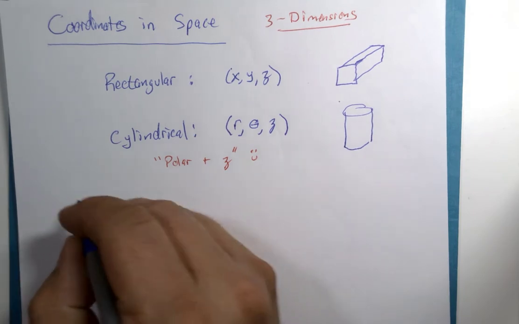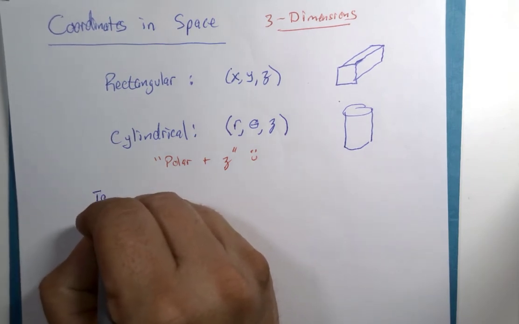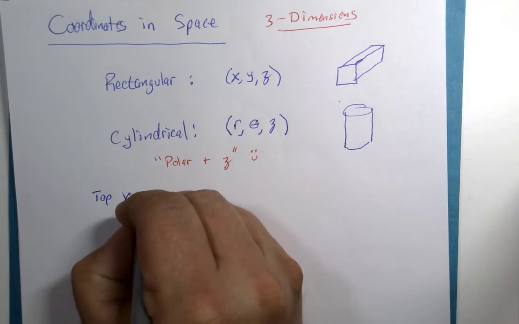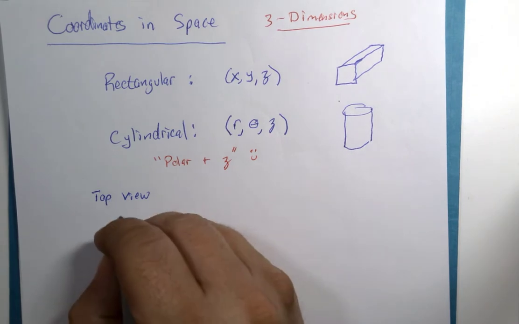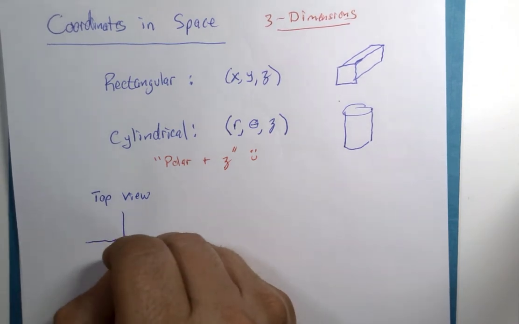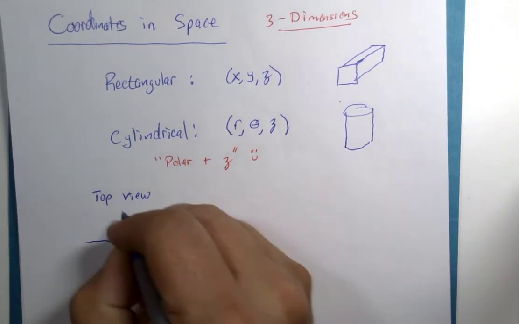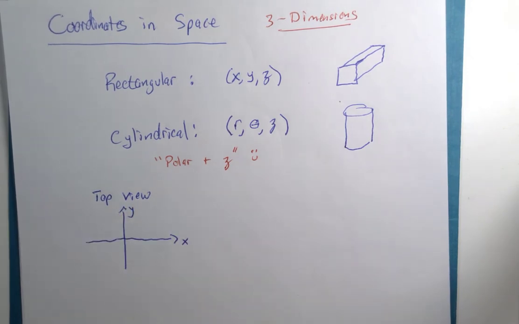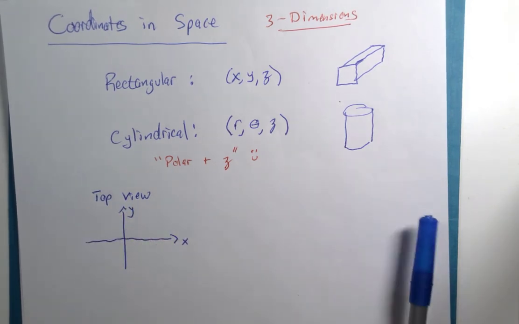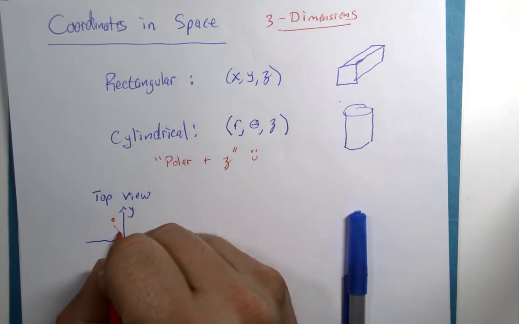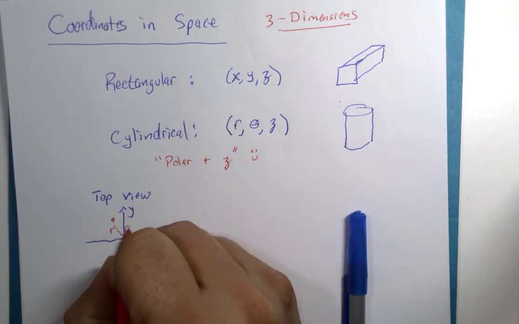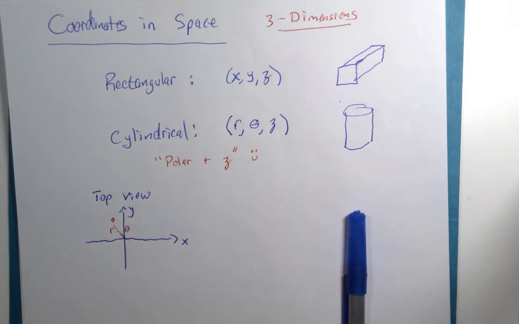So it is very useful in 3 dimensions to think about the top view. So what that means is the view you've always used, the traditional x and y look. So if I have a point here, that would be the radius and that would be theta in 2 dimensions.